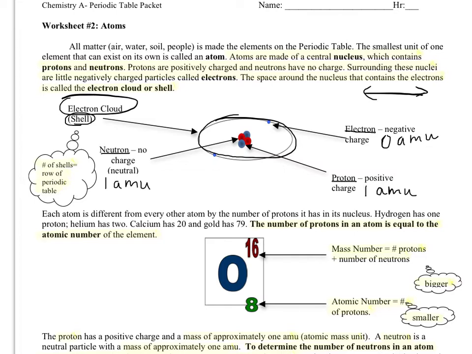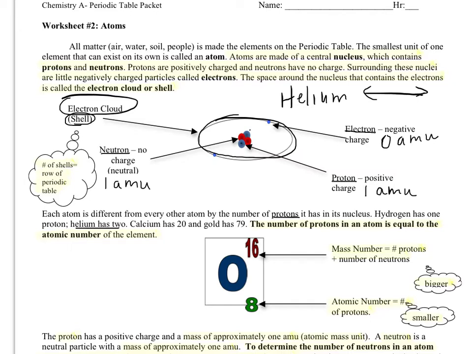Okay? Now, it turns out that the number of protons that an atom has is really important because that's sort of what defines its identity. So I told you guys that in this picture up here, this is actually a picture of helium, and I know that because helium is always an atom with 2 protons. So if these little blue circles here represent protons, we can see there's 2, so I know this is helium.